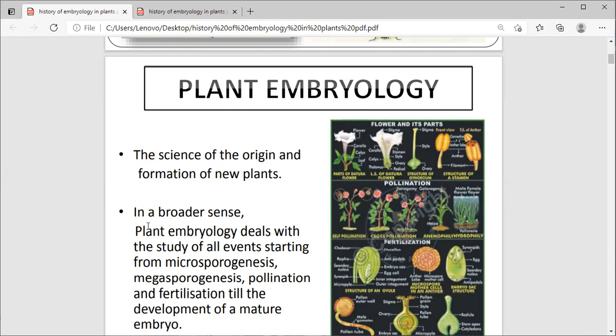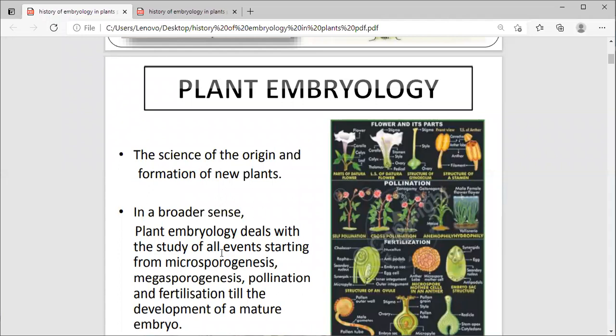So in the broader sense, plant embryology deals with the study of all events starting from microsporogenesis, megasporogenesis, pollination, fertilization, till the development of the mature embryo. So that is the definition here.